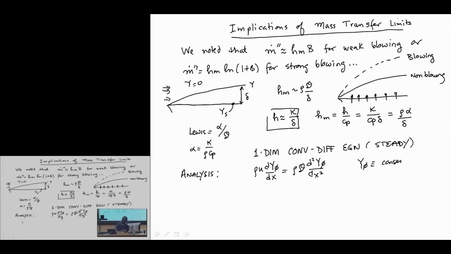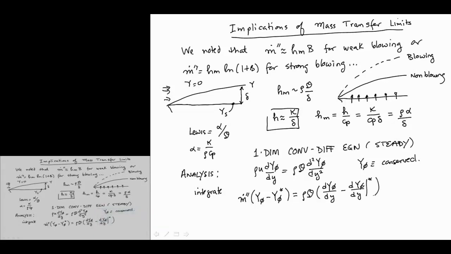Okay, so integrate, and we get m-dot phi at y, from an arbitrary location to some value in y, so this one-time integration, minus rho D dphi/dy at star. Okay? So this is after one integration.